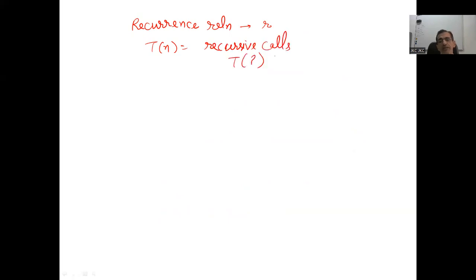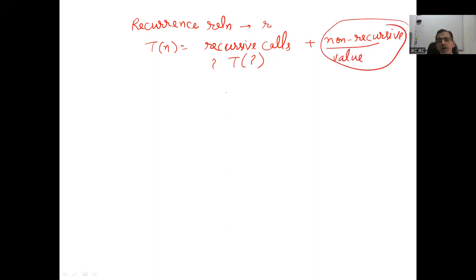So what quickly we did, I'll just repeat that. Whenever you have a recurrence relation available, it always has two parts. One is T(n) equal to some recursive parts, recursive calls written as T of something, and many calls could be there, plus some non-recursive value.